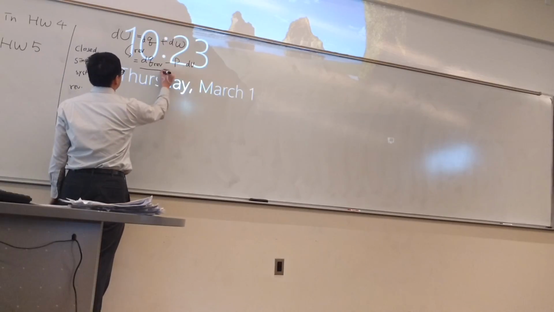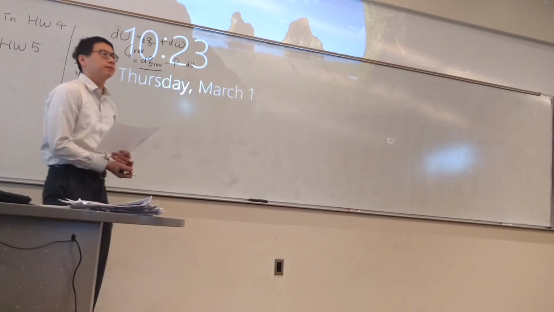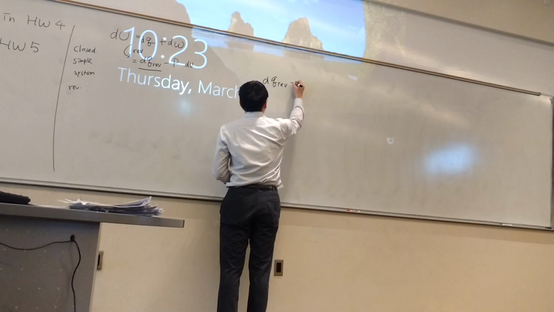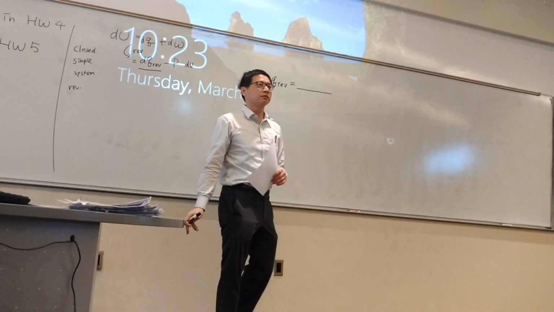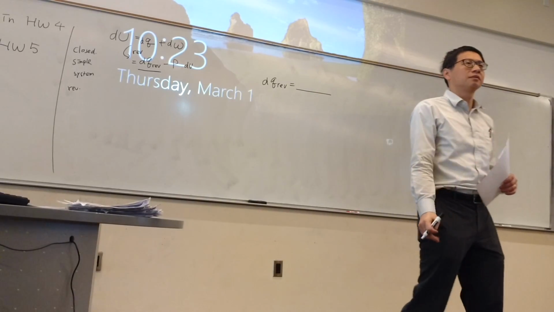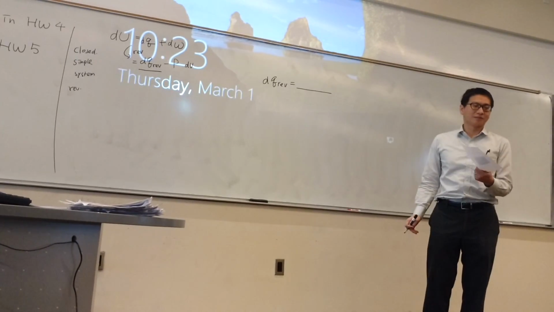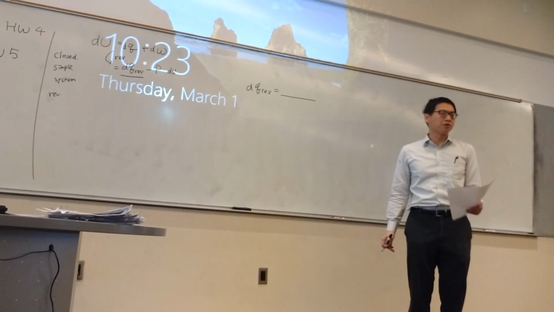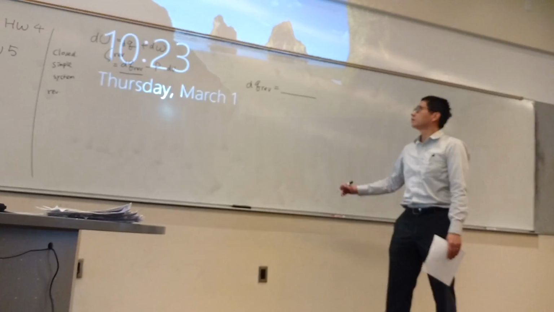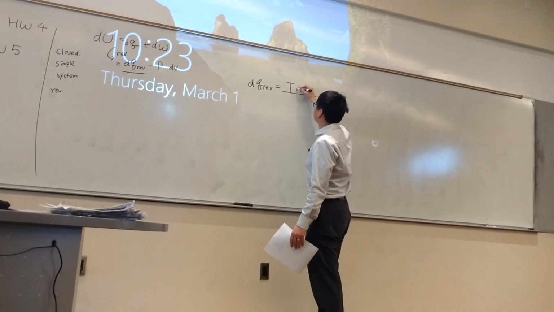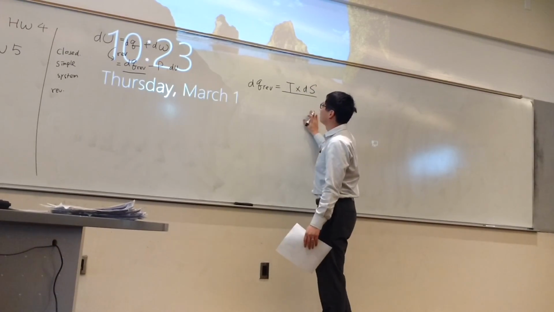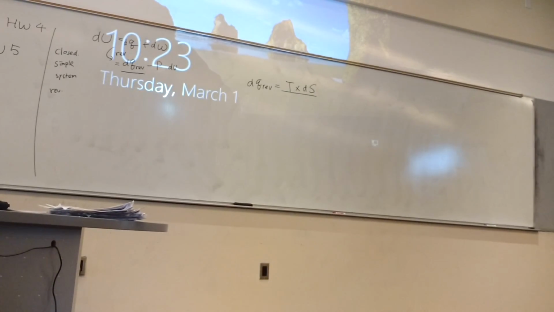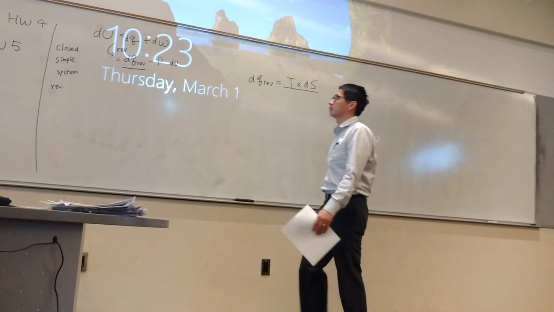So what is this? Why is dq reversible? It's actually the temperature times your dS, because dS equals dq over T. So dq reversible is equal to T times dS.